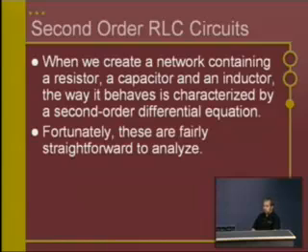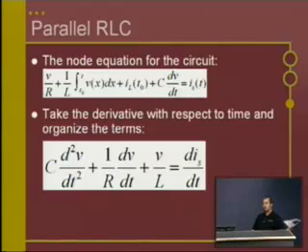Because we have 2 storage elements in there, the behavior of the circuit is characterized by a second order differential equation. And the form of the solution will take one of 3 normal differential equation solution forms. Fortunately, they're pretty easy to analyze. It's not as difficult as you might think.